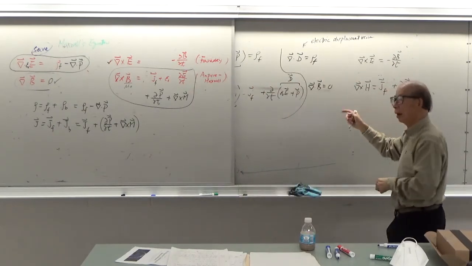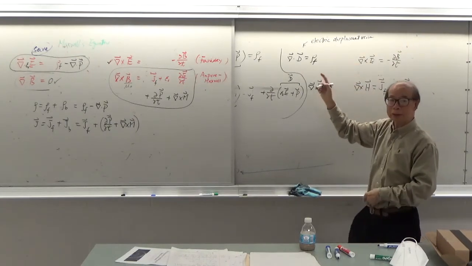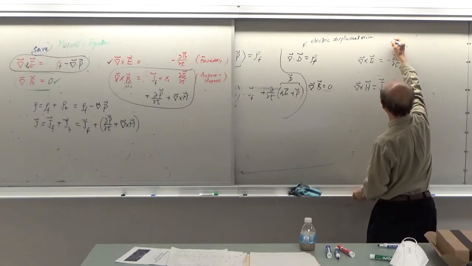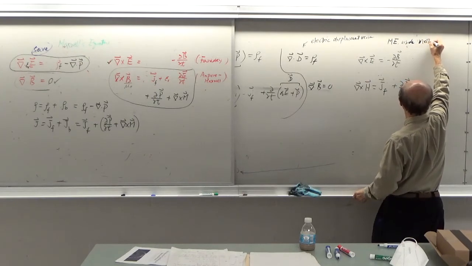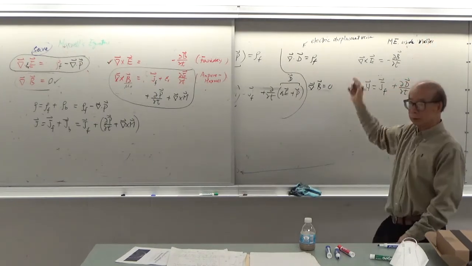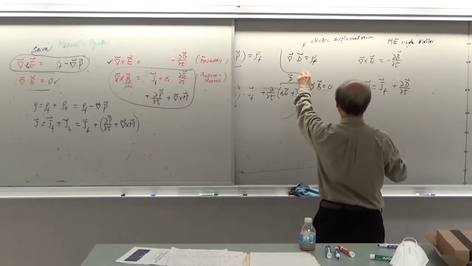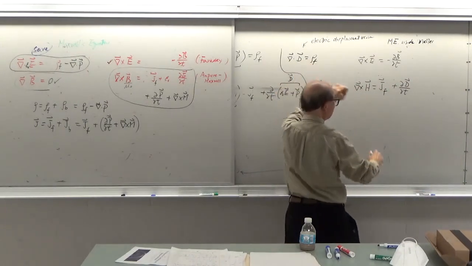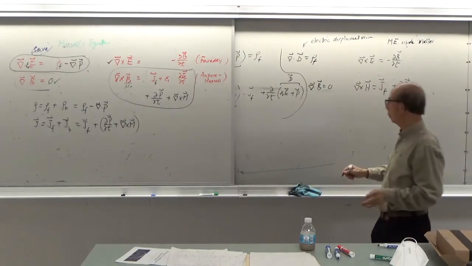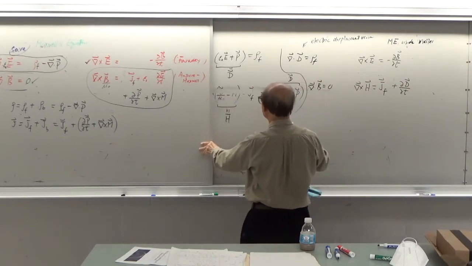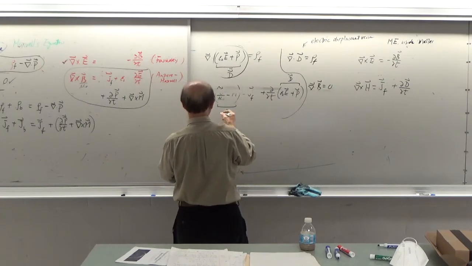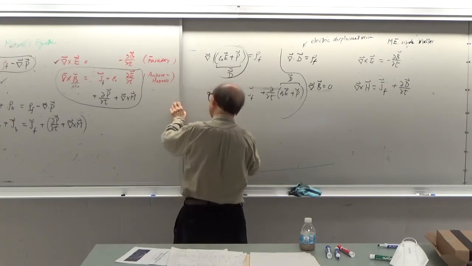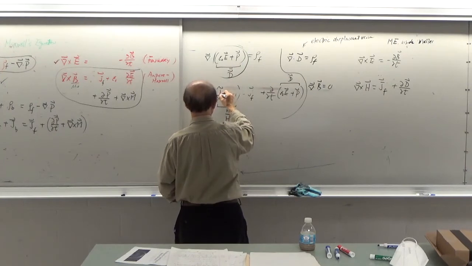These four equations are Maxwell's equations inside matter. Maxwell's equations inside matter can be written in this form, in terms of the sources, the free charge density and free current. And you remember also D is given here, and H is B over mu naught minus M.